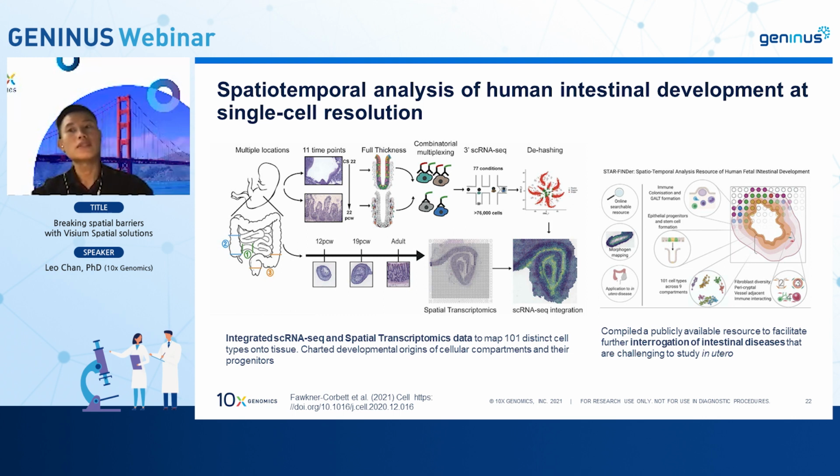First, they used 10x Chromium single-cell gene expression solutions, and they clustered cells into 9 different compartments, and also into 101 subcompartments based on the transcriptional signatures. They then examined 8 tissue sections from 5 samples ranging from 12 post-conceptional weeks all the way to adulthood.